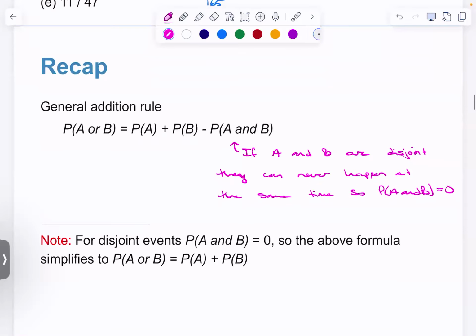But I would consider that just a special case. And I know it's in the note here, but sometimes if I just write it special, then it sinks in better. So then you have a special case, but I want you to use this general addition rule, which is why it's the only one I give you on the formula sheet. And then understand that if they're disjoint, then the probability of A and B is 0, right? That's more valuable.